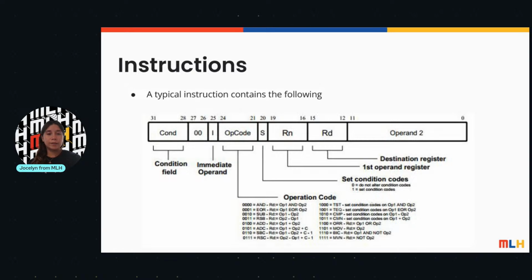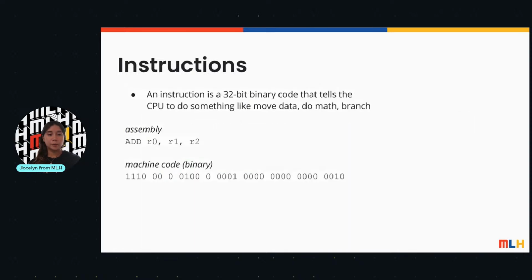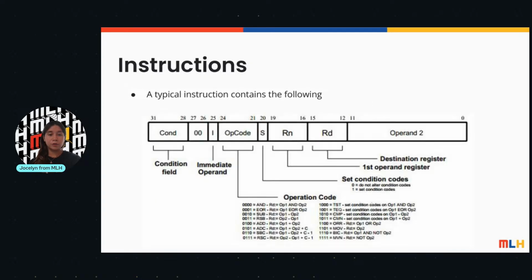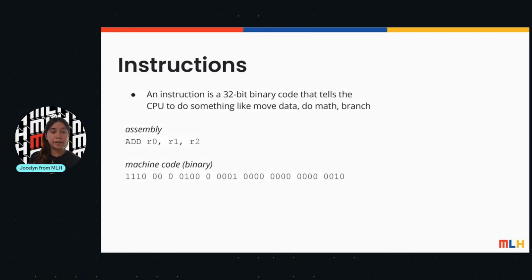This is a breakdown of a typical instruction. The position of the bits actually means specific things. A typical instruction contains the following: you have your condition field at the beginning, then 3 bits, then your opcode. Your opcode is the type of instruction that you're having. In this case, my instruction is add, but it can also be subtract, and a whole other set of instructions that exist.